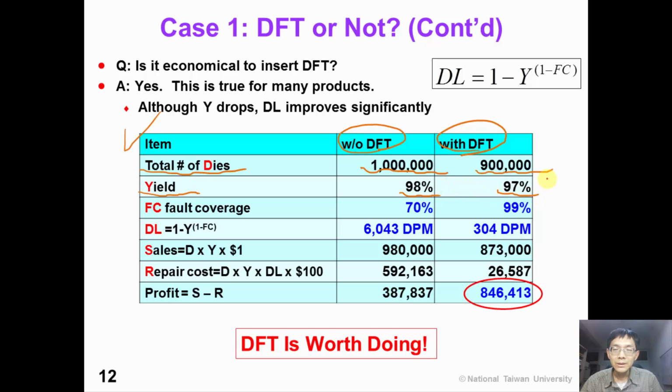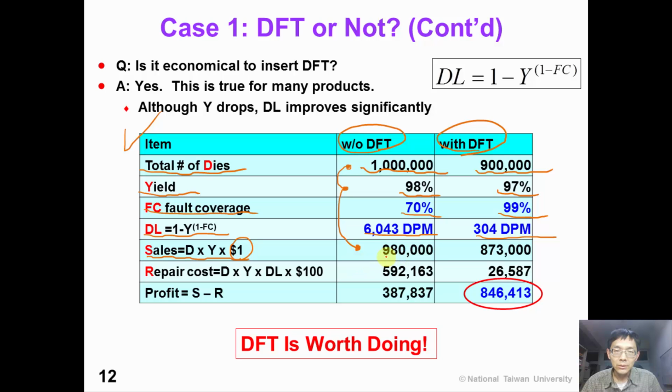However, because the die size is larger with DFT, the yield is slightly reduced to 97%. The fault coverage is 70% and 99%. The defect level is 6000 and 300 dpm respectively. The total sales is equal to the number of dies times the yield, and it's $1 per chip.